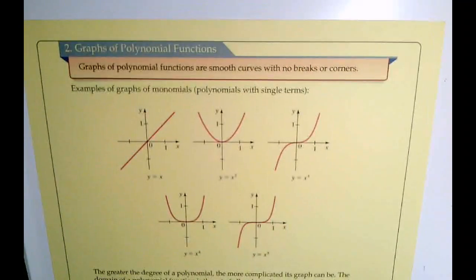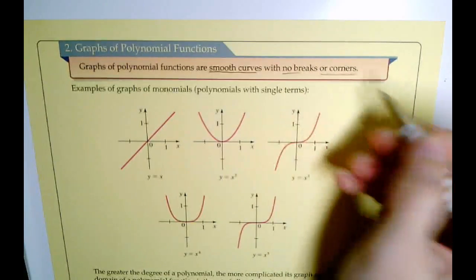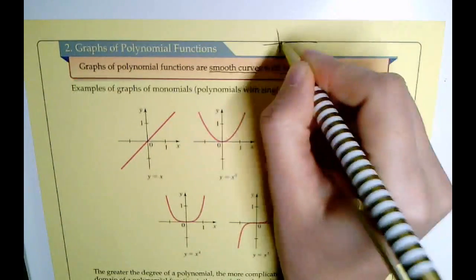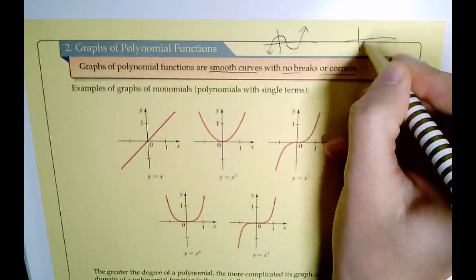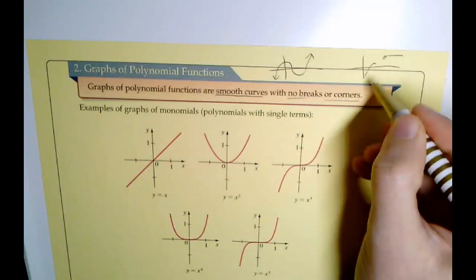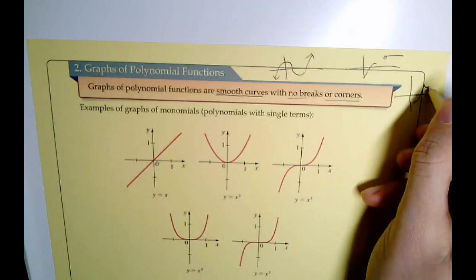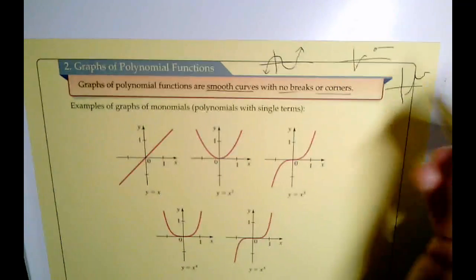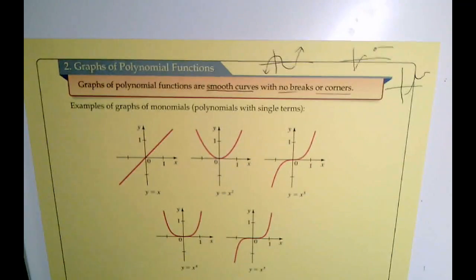Okay, so graphs of polynomial functions are smooth curves with no breaks or corners. They are stuff like that, smooth curves. They have no breaks, so it can't be like this with a break in between, or sharp corners or cusps and stuff like that. So they have to be smooth curves.